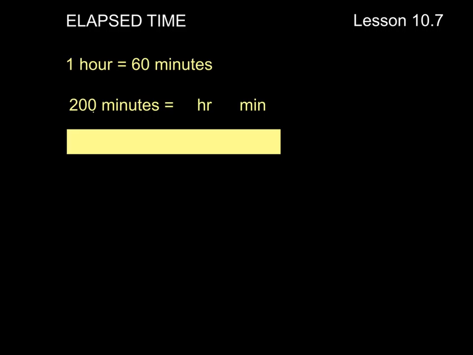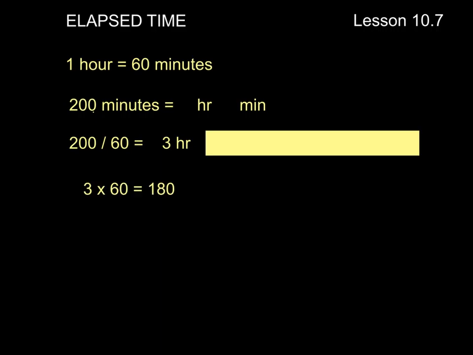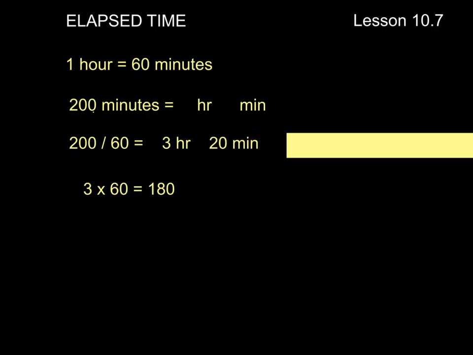In this case, we would divide 200 minutes by 60 minutes, and there are 3 60s in 200. 3 times 60 is 180, and 200 minus 180 is 20 minutes.